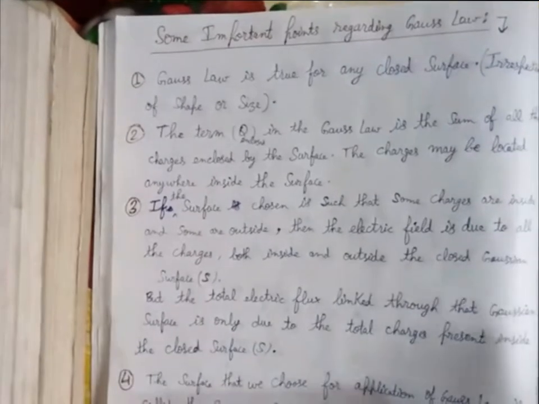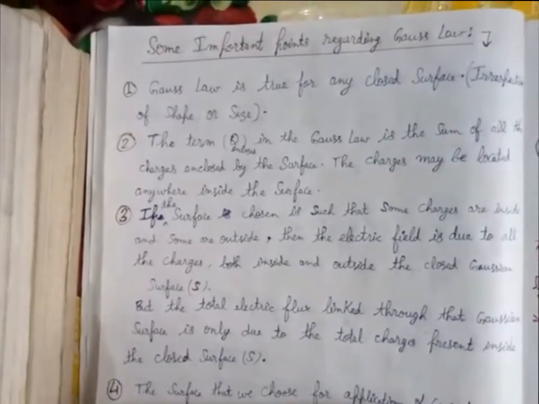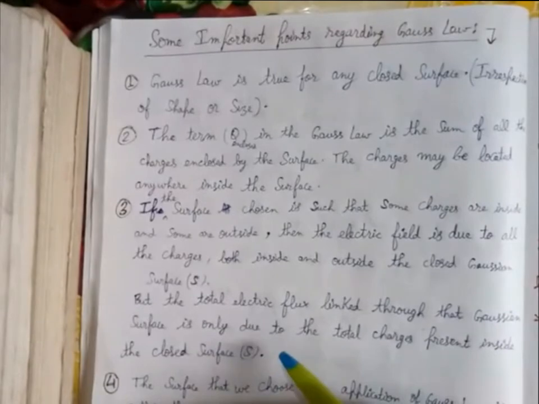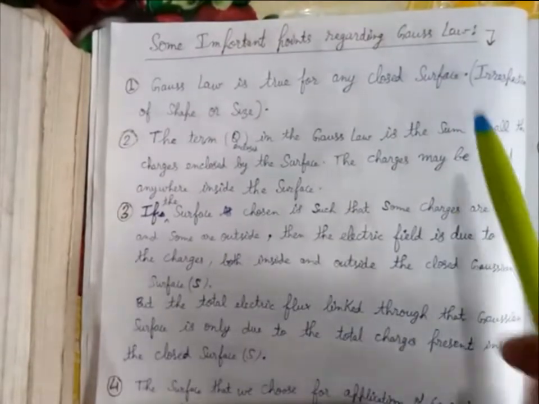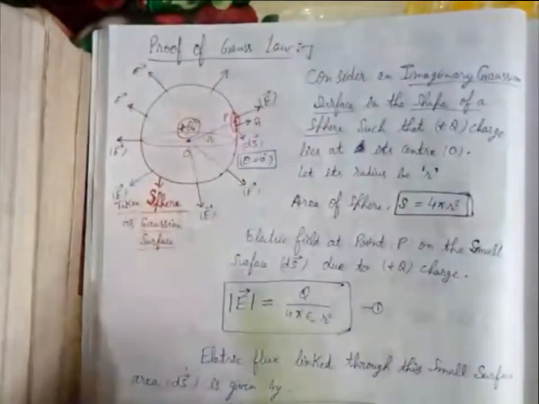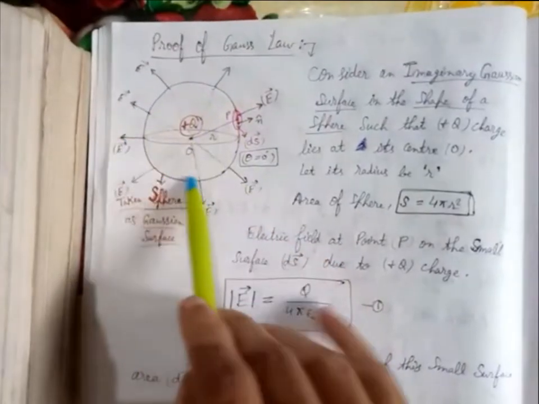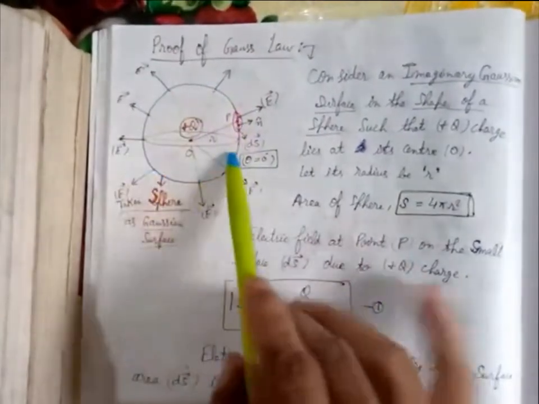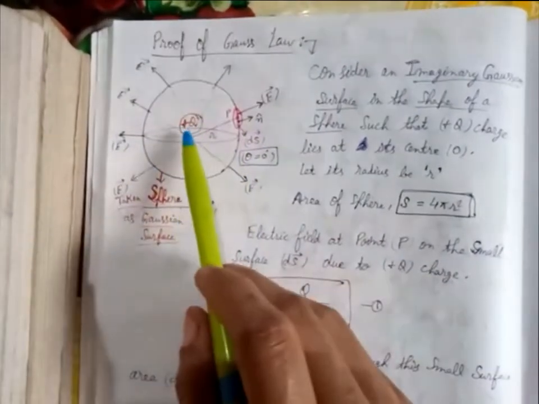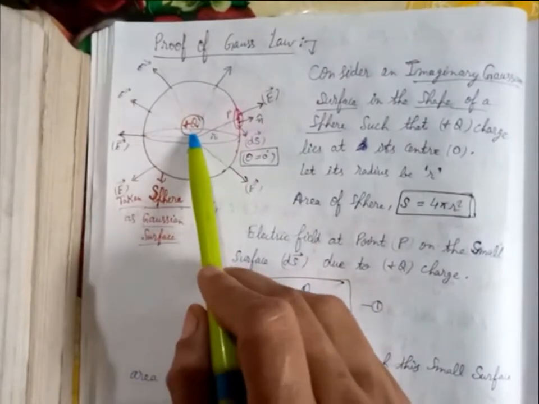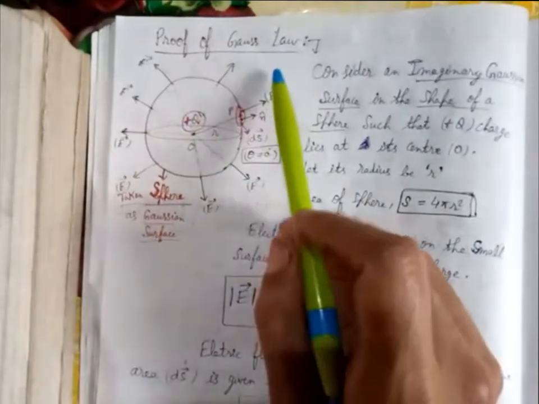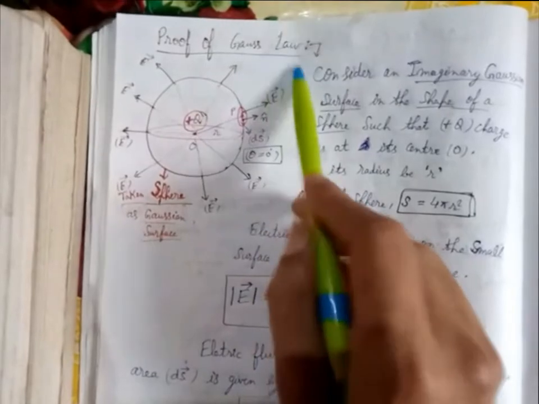This point is telling, I am explaining in simple words, that if there is any closed surface, like here this sphere is a closed Gaussian surface, and there is one plus q charge placed inside and another minus q charge placed here outside.